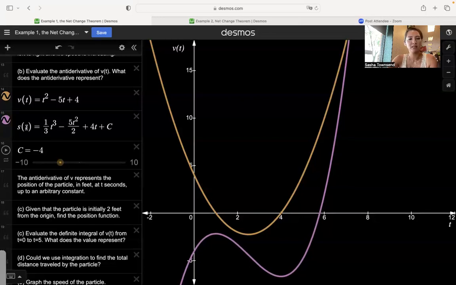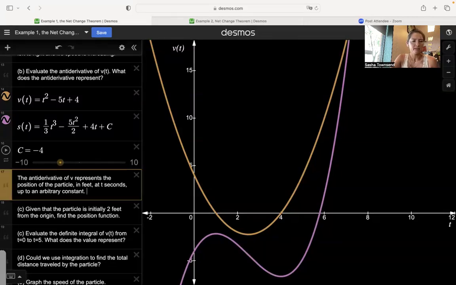If at time t equals 0 our position is -4, so we're 4 feet from some origin, to the left of the origin rather than the right, then c would be -4. So at least in this particular example, when this part of the function evaluated at t equals 0 is 0, the value of c tells us the position at time t equals 0.